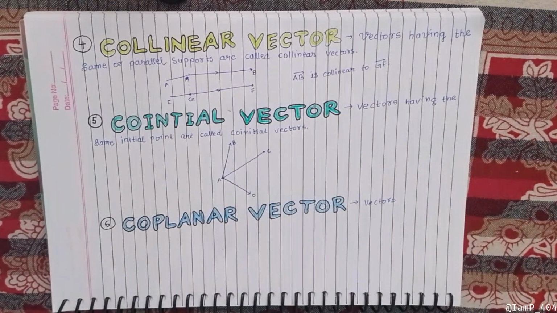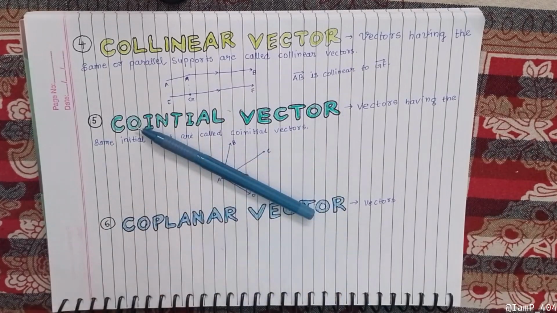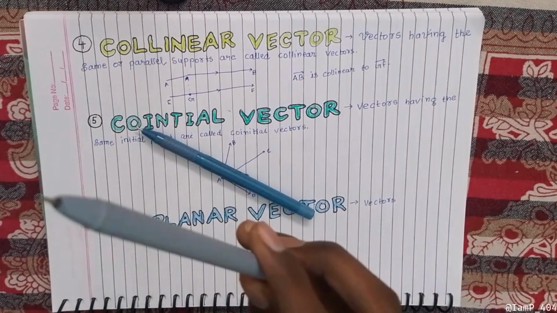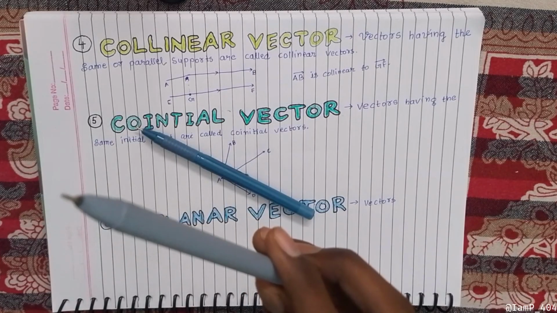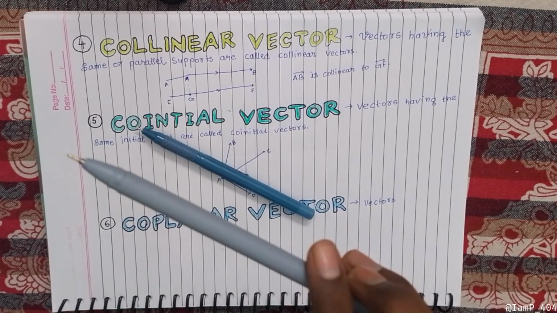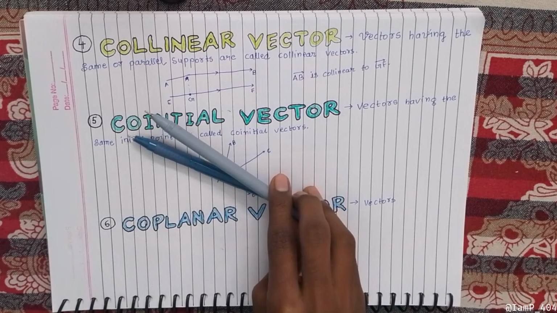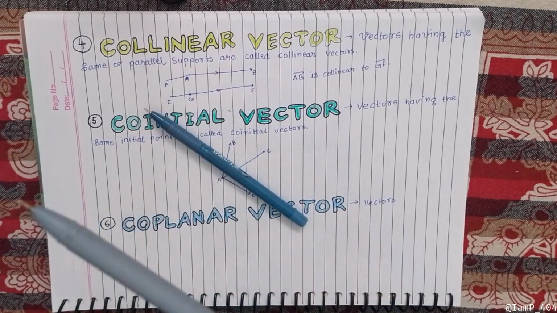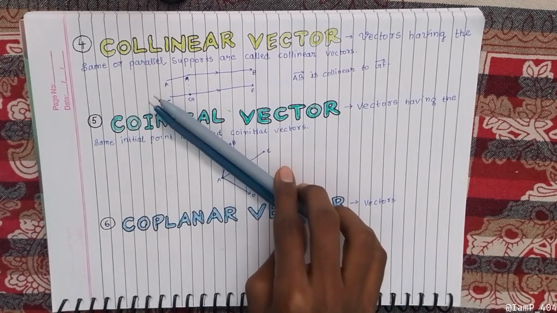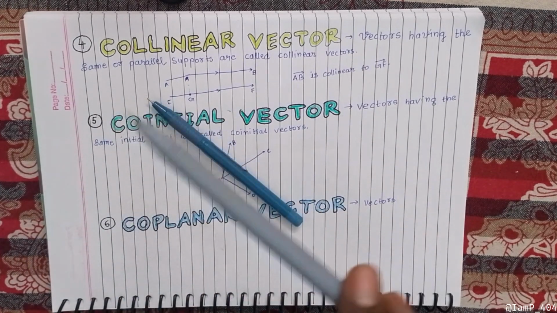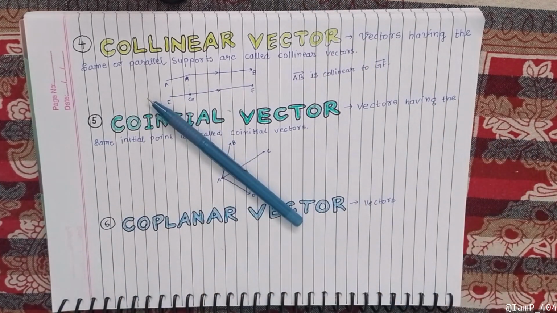Another definition of this is vectors which are parallel to the same plane. I mean, if there's a vector in two-dimensional space and another vector in three-dimensional space, they are not coplanar, but they become coplanar when this vector also becomes parallel to this vector. I already said that position doesn't matter in vector. You can bring this one to the same plane.